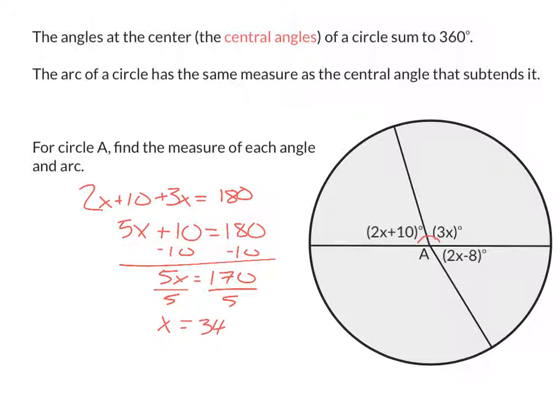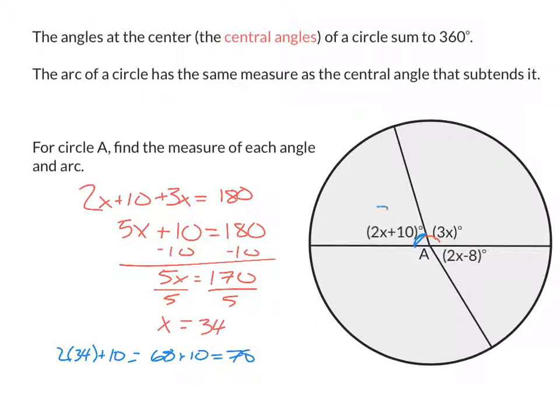So x is 34. So to find each piece, this leftmost one is 2 times 34 plus 10. 2 times 34 is 68, added to 10 makes 78.